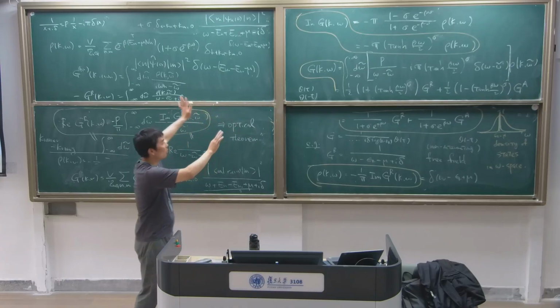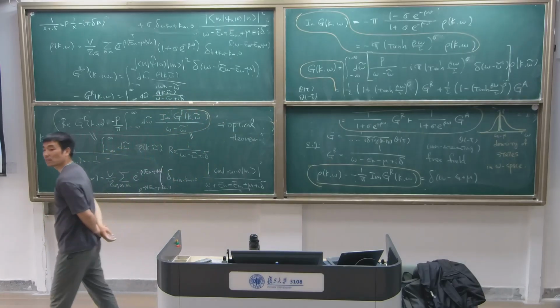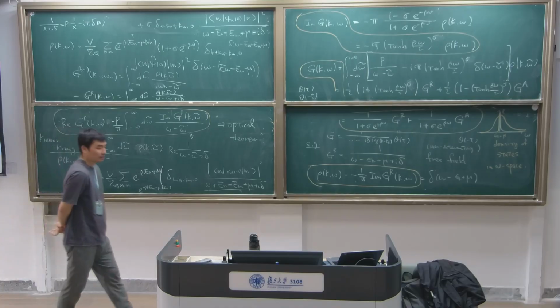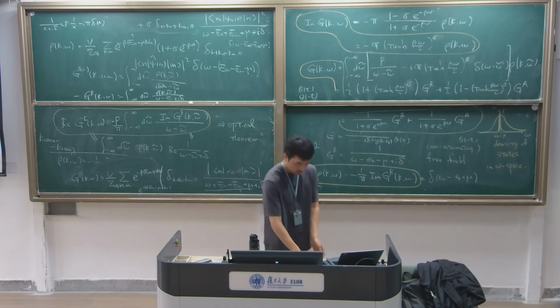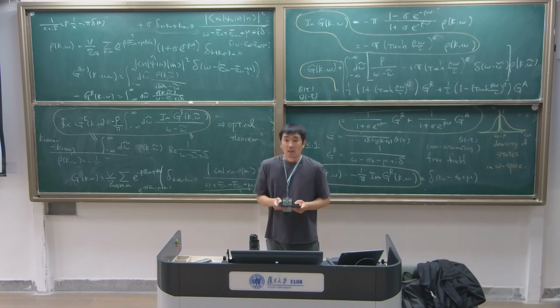Today's essence is this form. All the Fourier transformation-level presentation is just to derive all those forms. So this is today's summary.